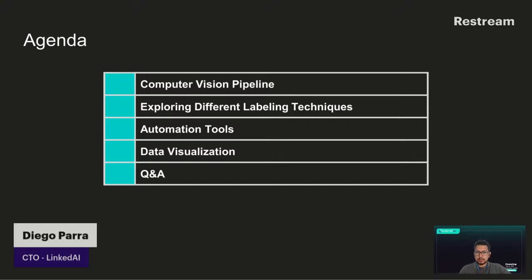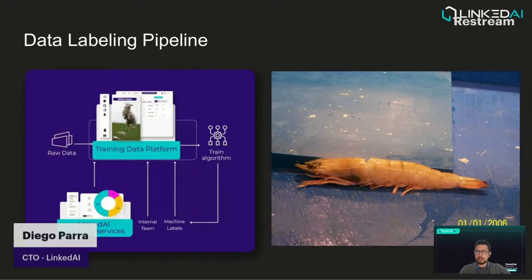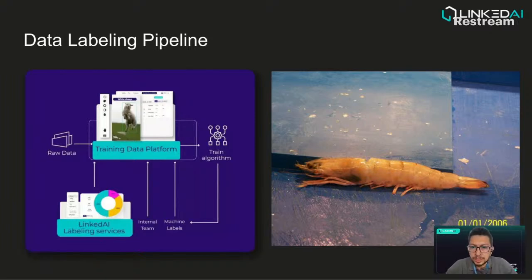So let's get started and talk a little about the pipeline of creating a computer vision algorithm. When you start a computer vision project, this is a normal pipeline, the one you're seeing here. First of all, you will need to make sure that the problem you are solving needs to be solved with AI, right? So we will suppose that's the case, that the correct approach is to work with AI.